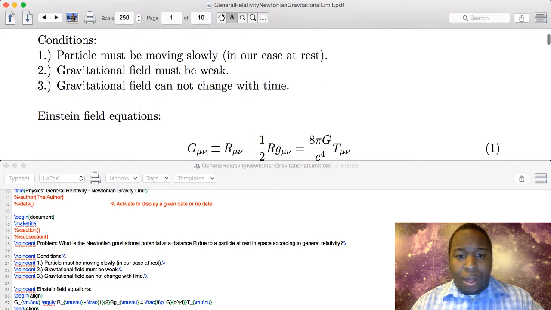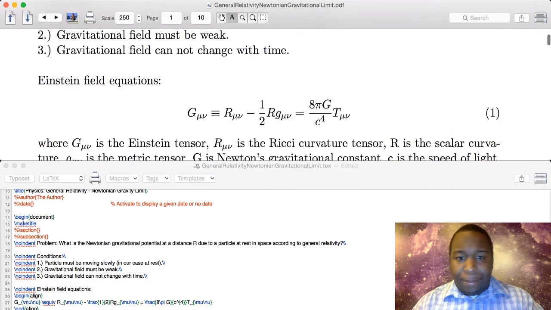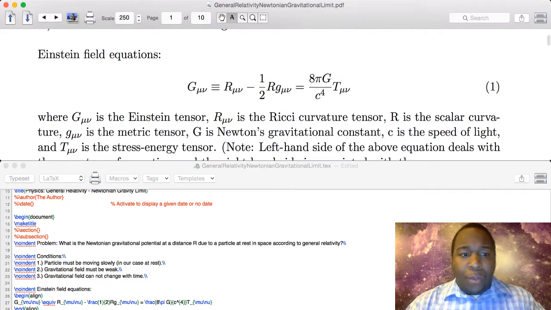I introduced in the previous stream this equation that we're seeing here, which is Einstein's field equations.